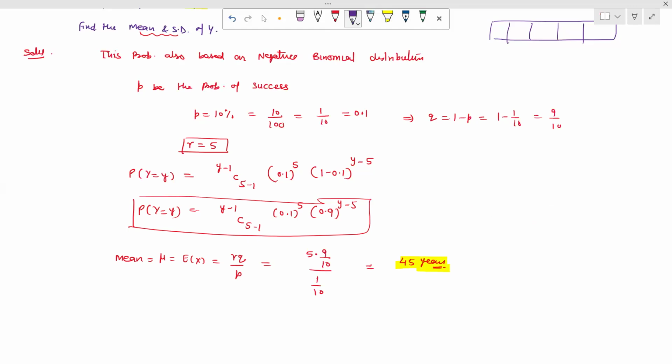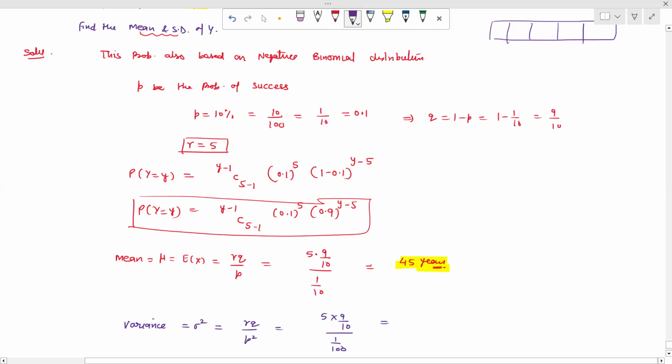Now, to calculate the variance, sigma square equals rq upon p square. So 5 into 9 upon 10 upon 1 upon 100, which gives us 450 years.